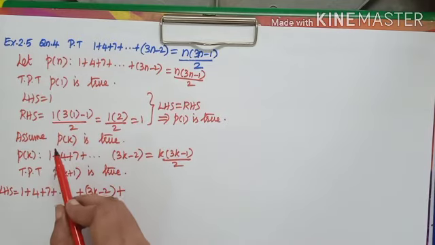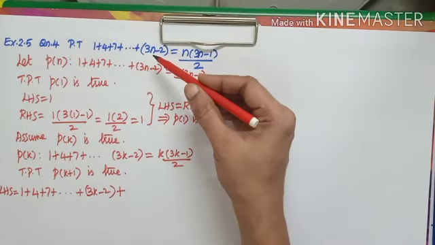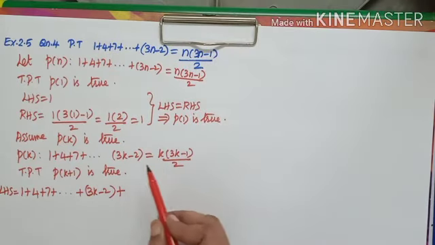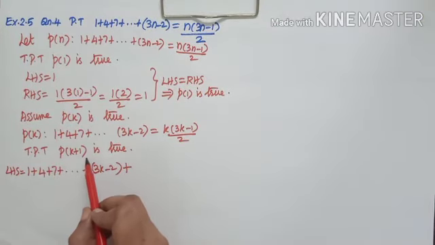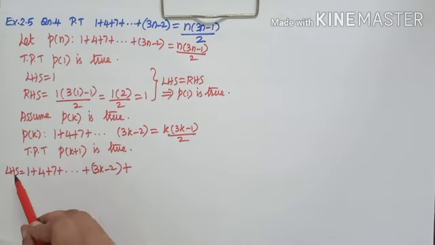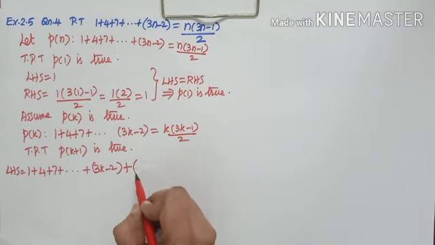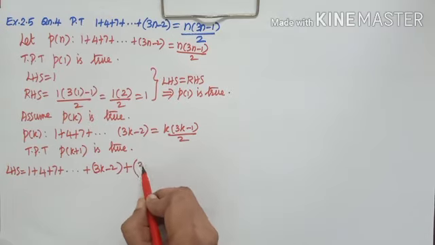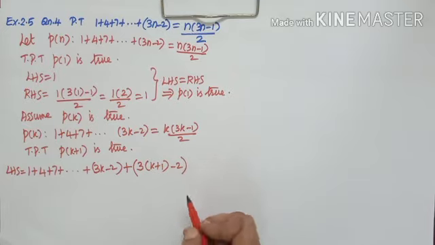Assume P of k is true. Copy the given question. Wherever n is coming, put k. The next step, to prove that P of k plus 1 is true, for LHS copy the same and write one more term, 3 in the place of k, k plus 1 minus 2.